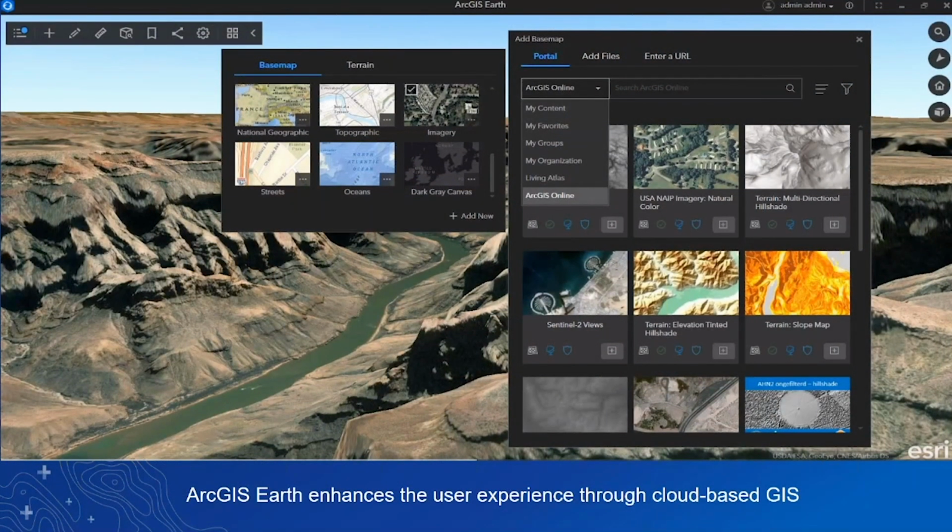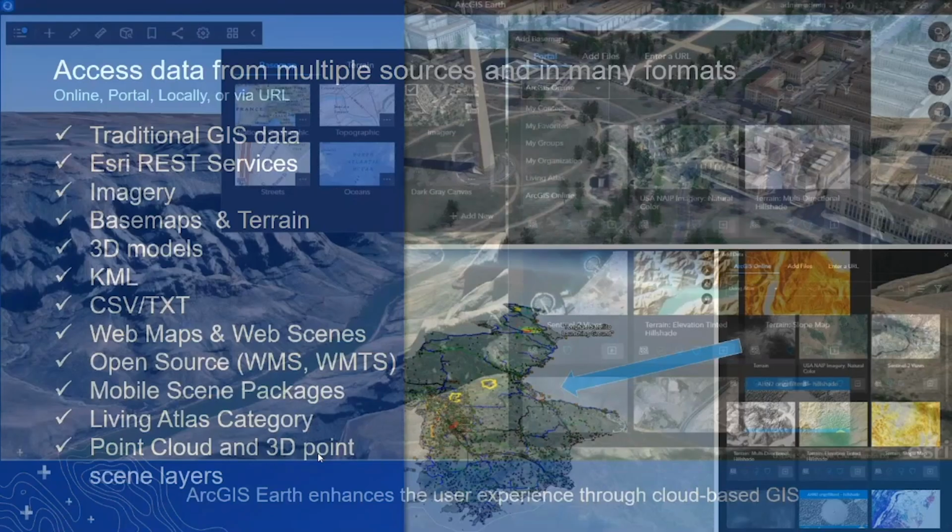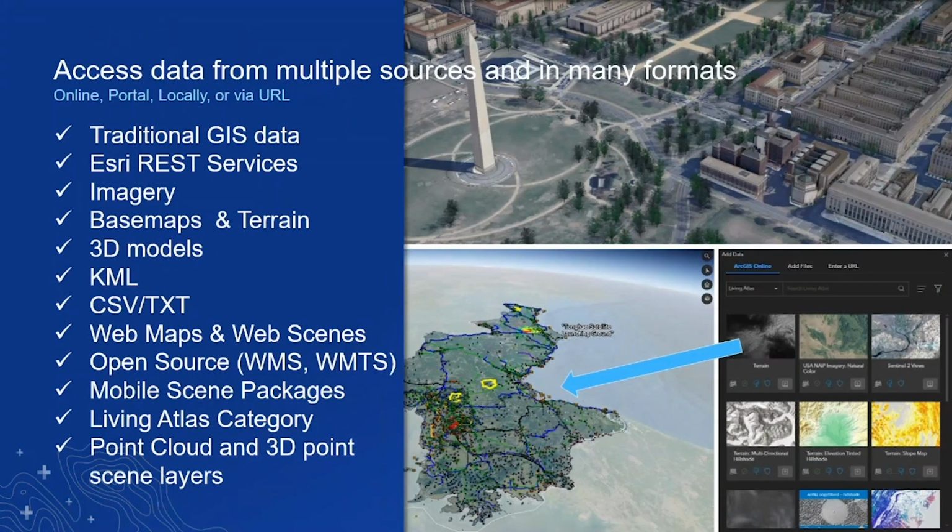So as I mentioned, Earth not only supports these file-based workflows, but it also enhances the user experience via cloud-based GIS through ArcGIS Online and ArcGIS Enterprise. And just to sum up, before I pass it to David, in Earth, not just KML is content, everything is content.